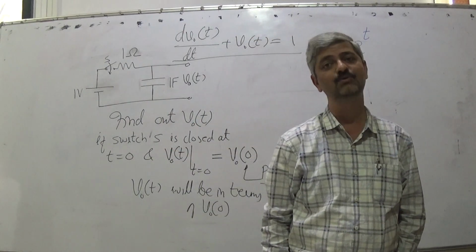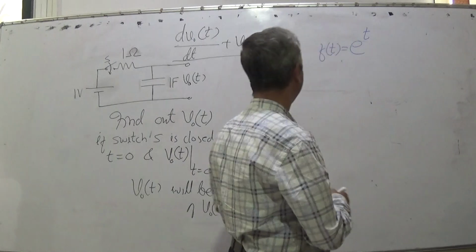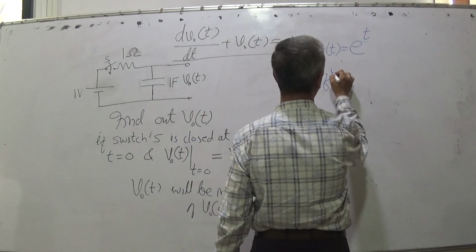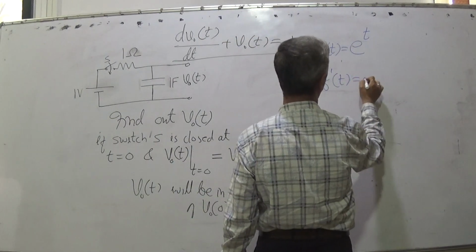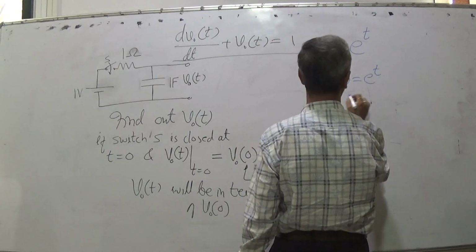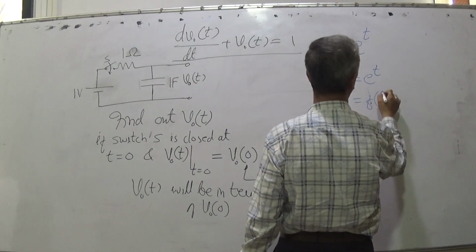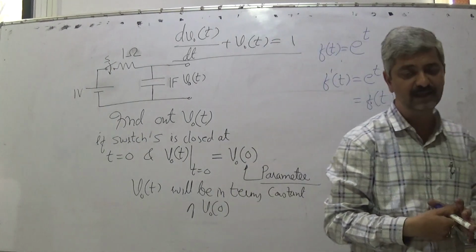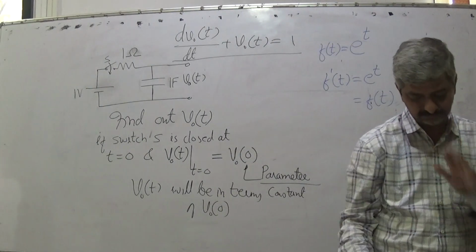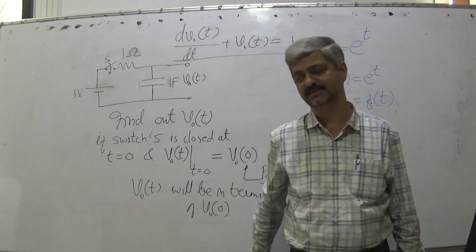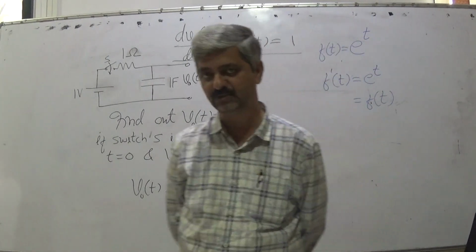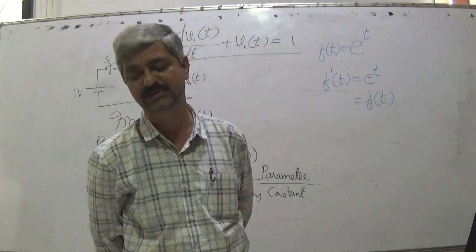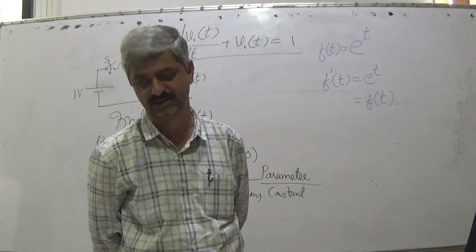This is a peculiar function where its derivative f dash t is equal to e raised to t itself, that is equal to f t. The exponential function e raised to t is the only function whose derivative is the same as the function.